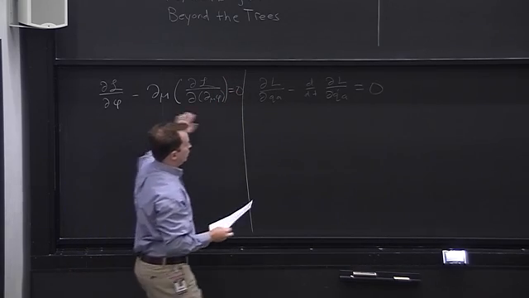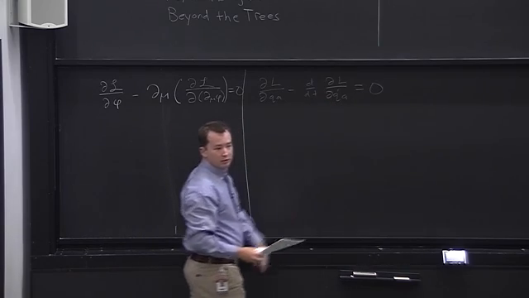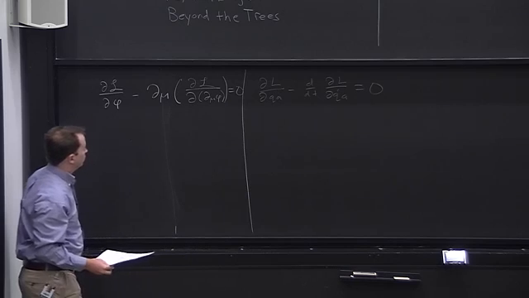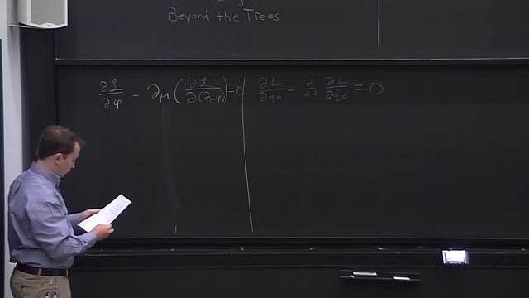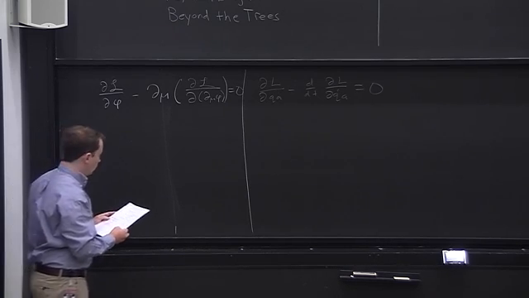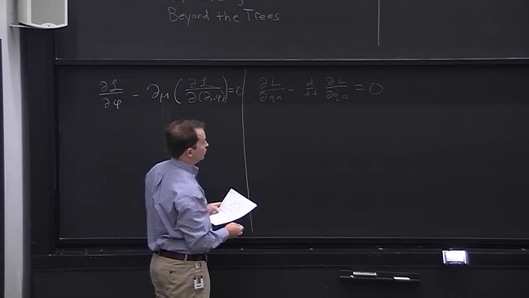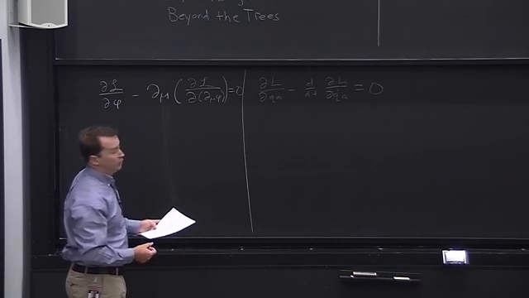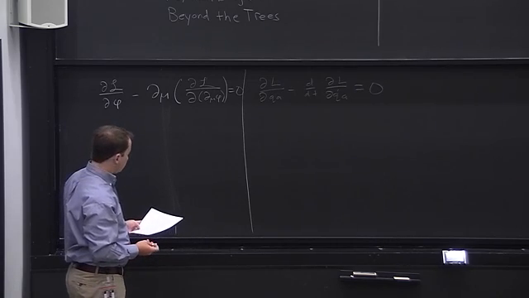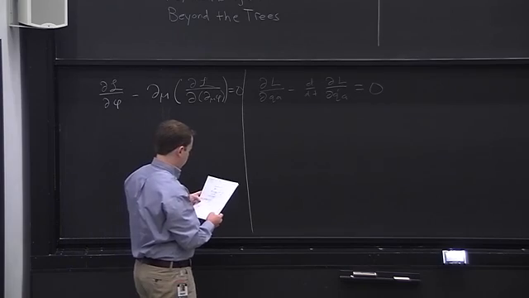And again, all the time derivatives have to become forward derivatives in order for the Lorentz invariance to work. And these are almost the only equations we're going to need. There are two more.